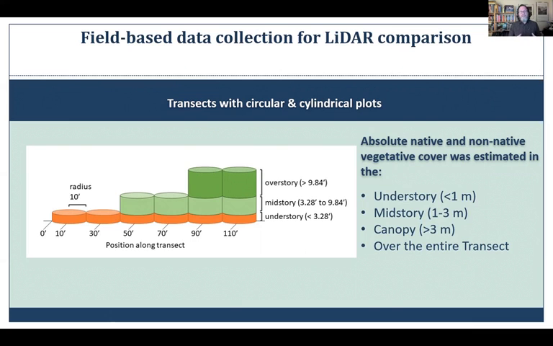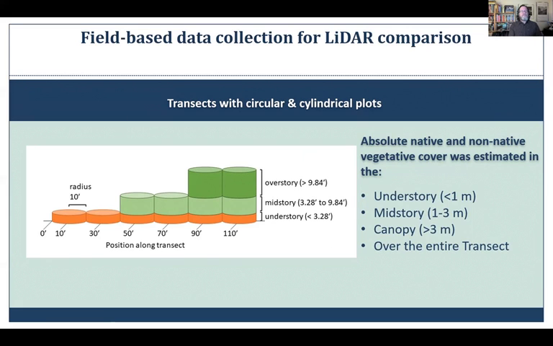Then the circular plot was extended vertically to create a cylindrical plot to get at canopy density or canopy cover at different vertical layers. The understory, which is less than 1 meter from the ground surface, the midstory, basically 1 to 3 meters, and the higher canopy layer, which is 3 meters and greater above the ground surface.